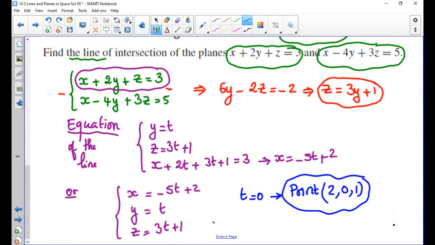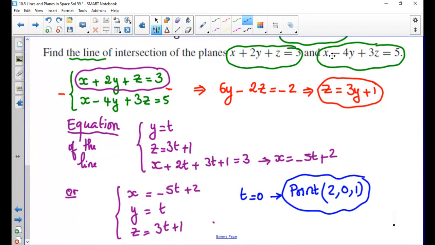Now, this point, remember, is on the line of intersection. So I can check that this point is in this plane and it's also in this plane. So try to substitute. x is 2, y is 0, z is 1. 2 plus 1 is 3. This point is in the first plane. Is it in the second plane? It should be, because it's on the intersection line.